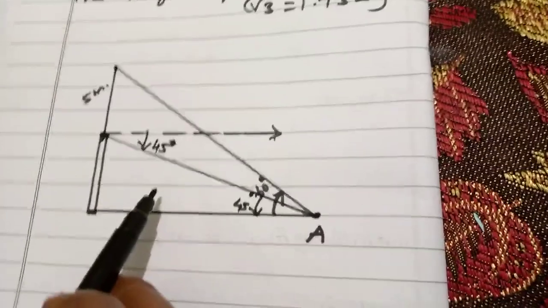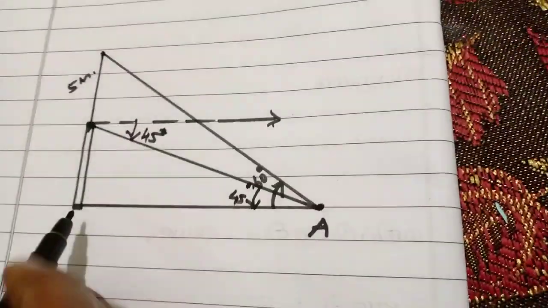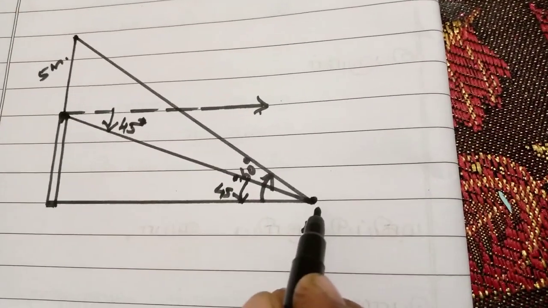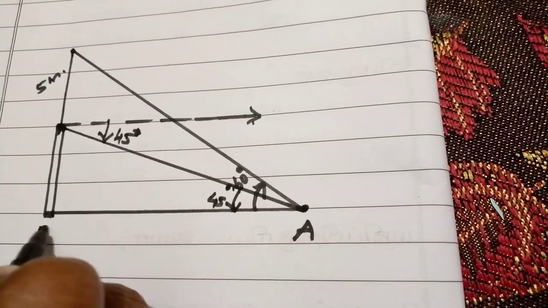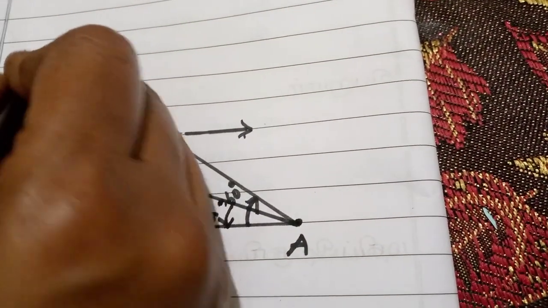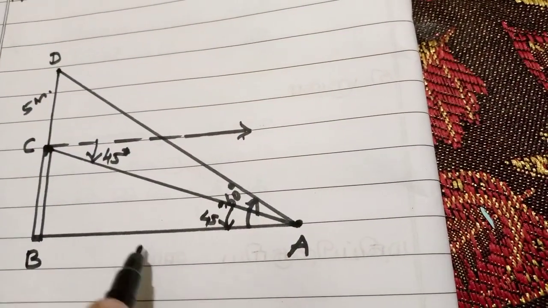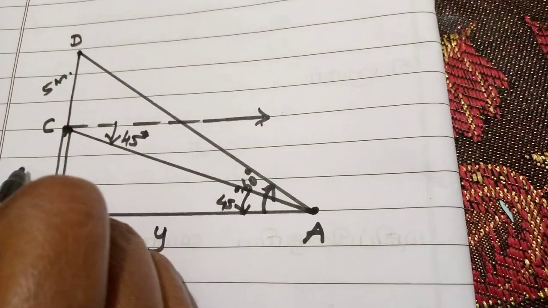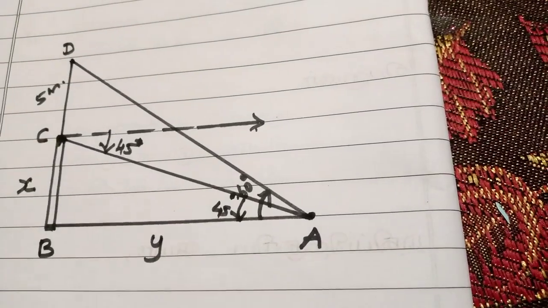So we have to find the height of the tower. Let us name the points, then only we can understand easily. Point of observation A is given, so let us use B, C. The pole is CD. Let's take the distance AB as Y and BC as X. What are the values given?